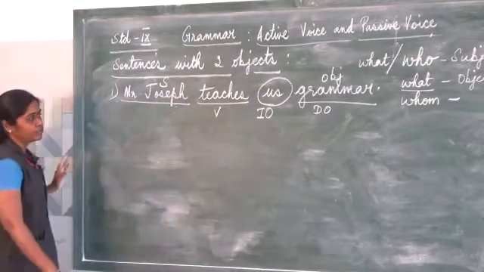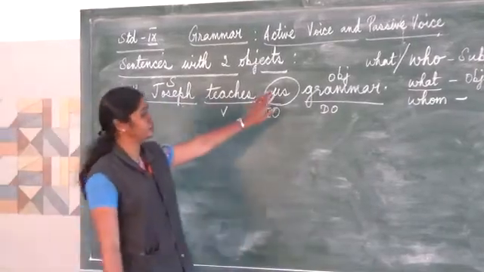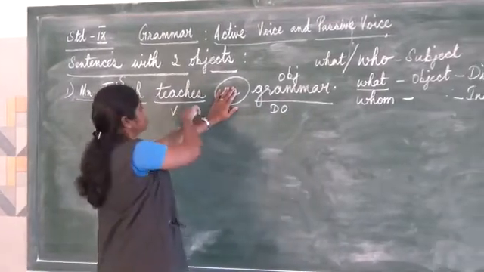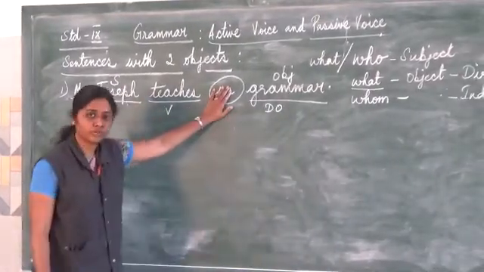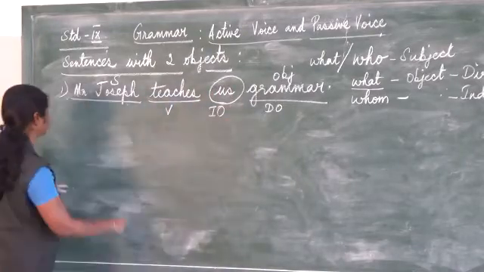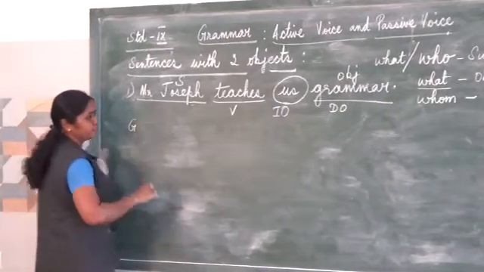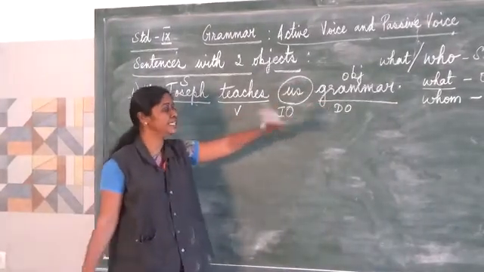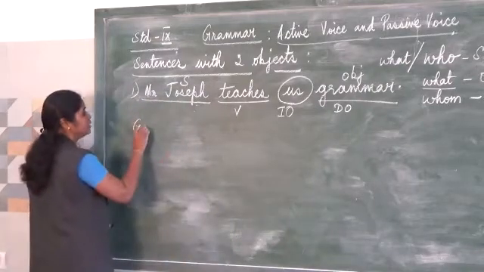Now if you have only direct object, how will you write the answer? Mr. Joseph teaches grammar. This teaches is simple present tense. Now you bring this grammar to the front. For the time being, forget the indirect object and take only the direct object into consideration.